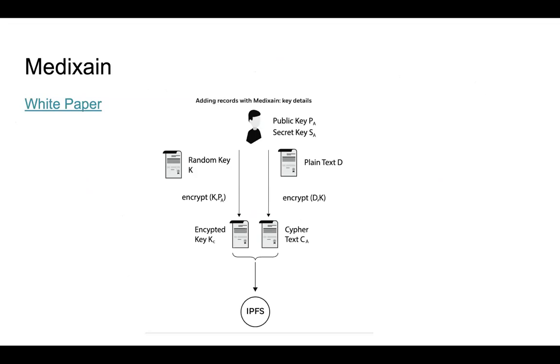But the idea with this was we wanted to store data on IPFS, and we spoke about IPFS yesterday. So this is a file system, the interplanetary file system, a decentralized storage mechanism, but it is a public system.